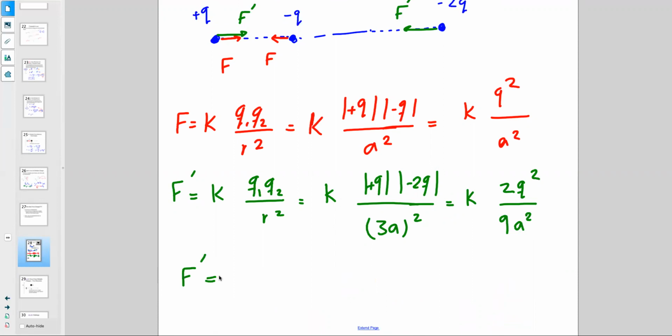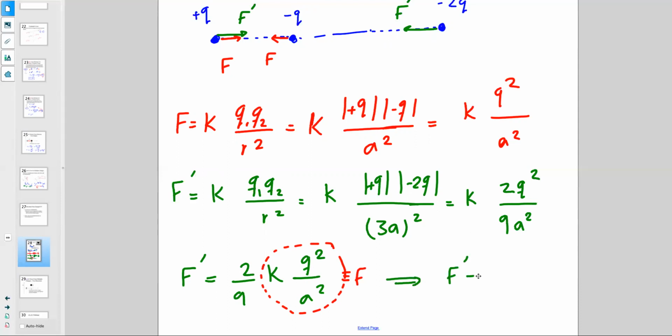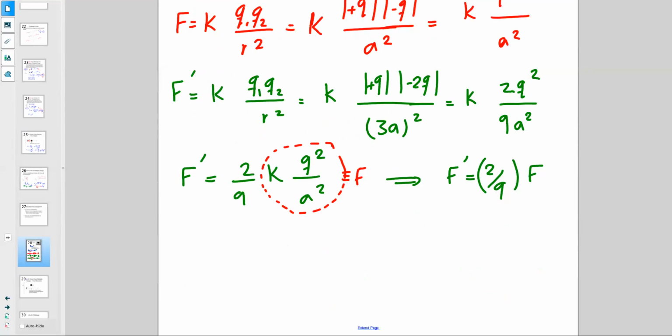So F prime is 2 over 9 K Q squared over A squared. And if you look at this, this part is just F. So in other words, your F prime is 2 over 9 times F.